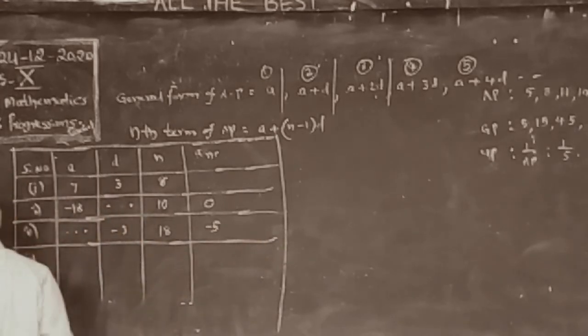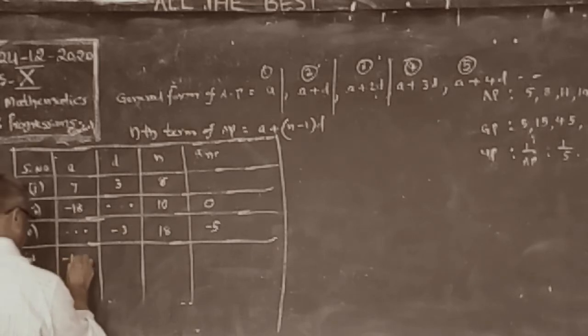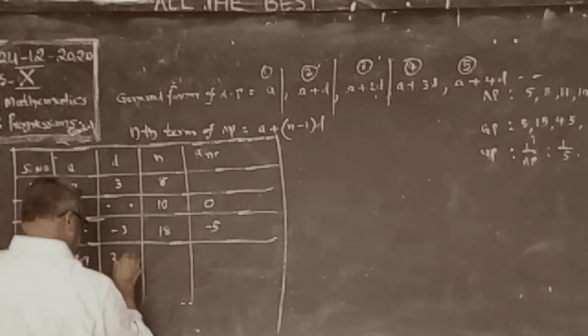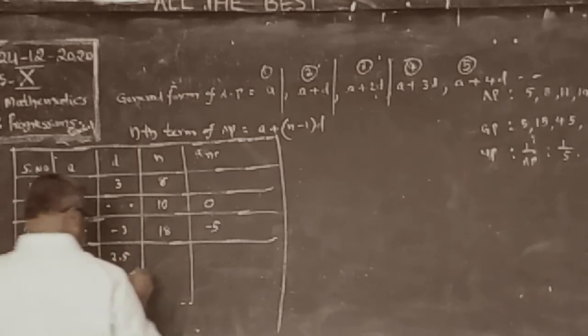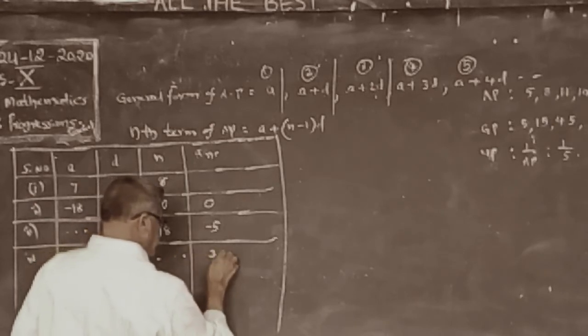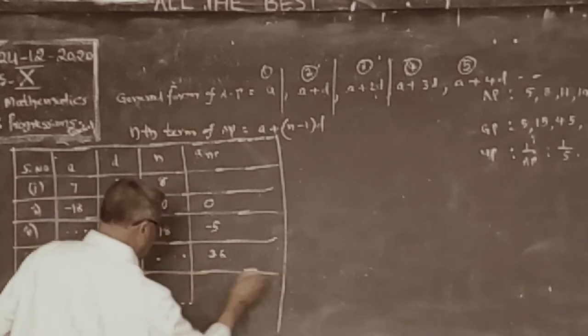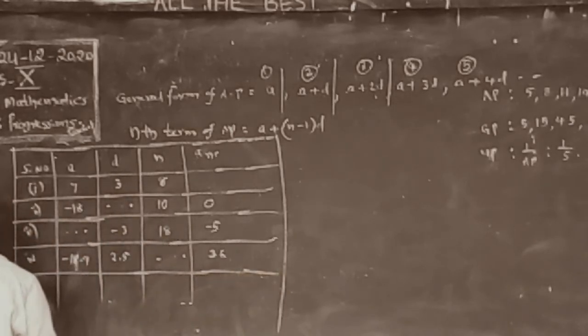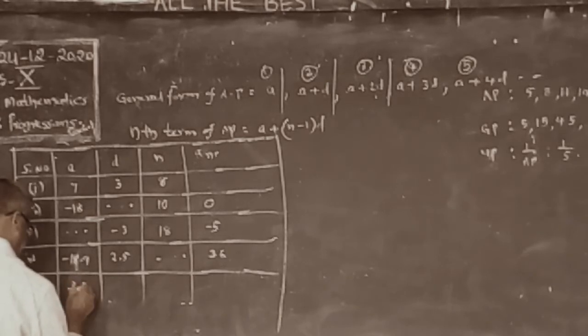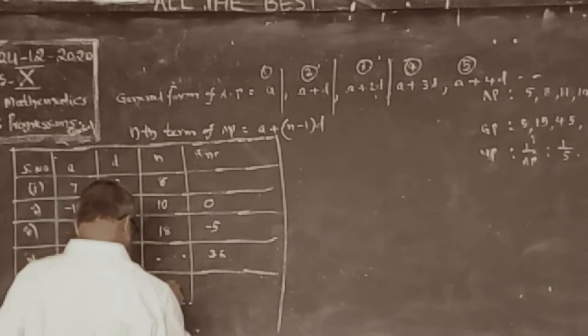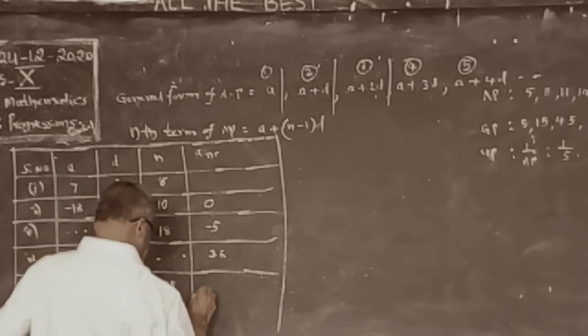Fourth: A is minus 18.9, D is 2.5, N blank, nth term is 3.6. Fifth: 3.5, 0, 105, blank.